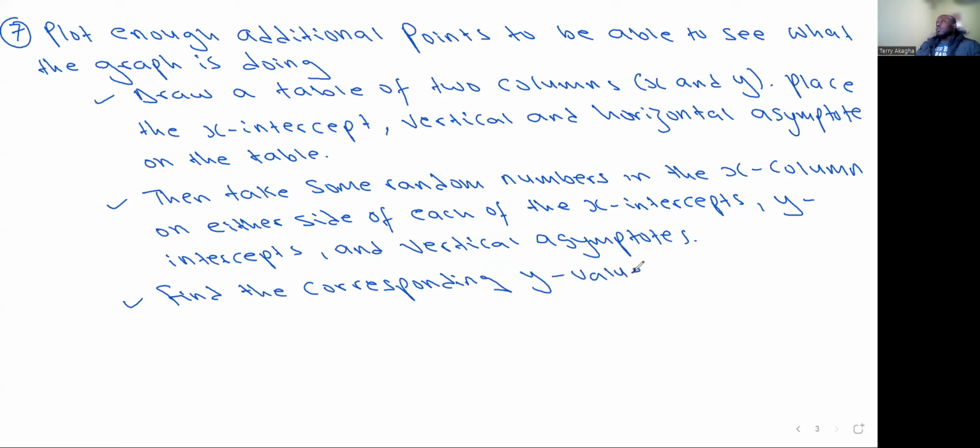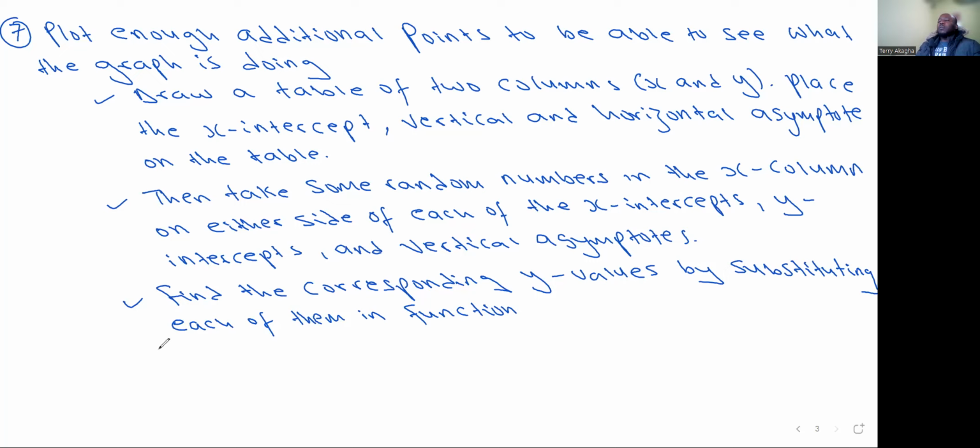So we find the corresponding Y values by substituting each of them into the function. Okay.